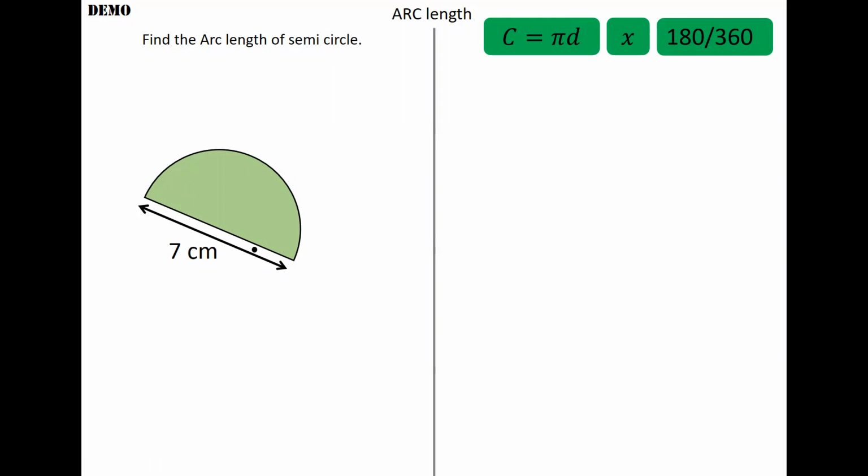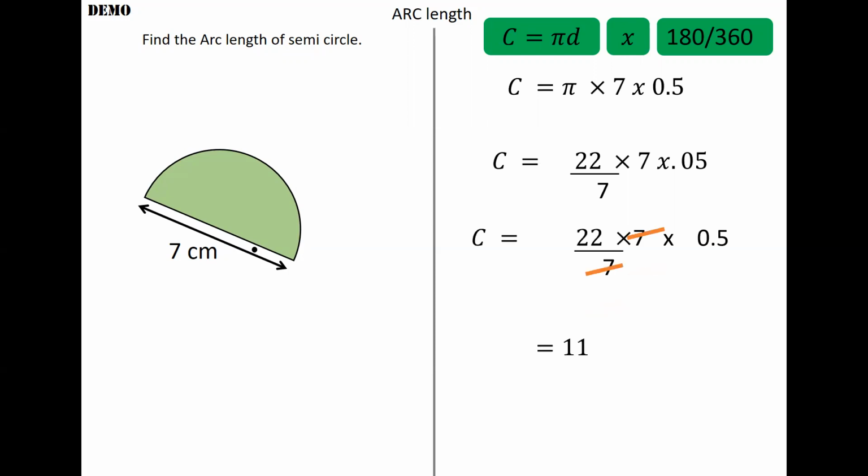Here the theta is 180 over 360. So pi is 22 over 7 into half. Because the circumference of the full circle is pi d, now that multiplied by half gives you the answer here. So it is 11 centimeters. So it's not a big deal.